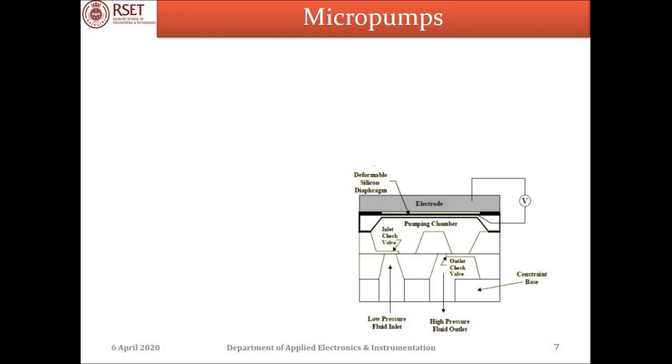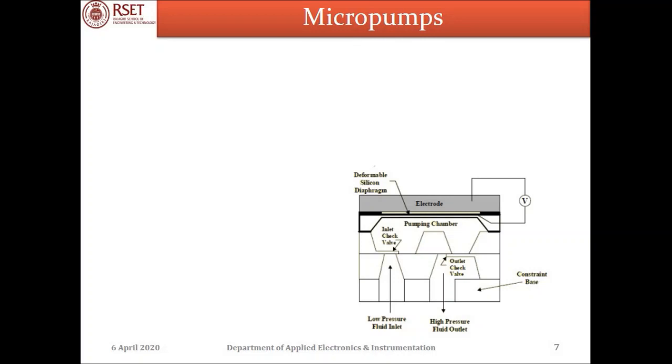By applying an AC signal voltage, the diaphragm can be deflected up and down or back and forth. During a positive cycle of the applied signal, the diaphragm makes an upward movement. Because of this, a suction pressure is developed within the pump chamber.